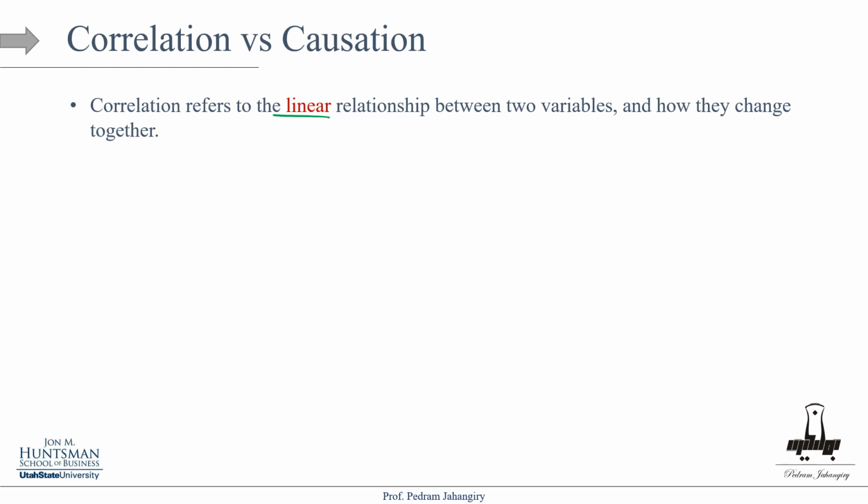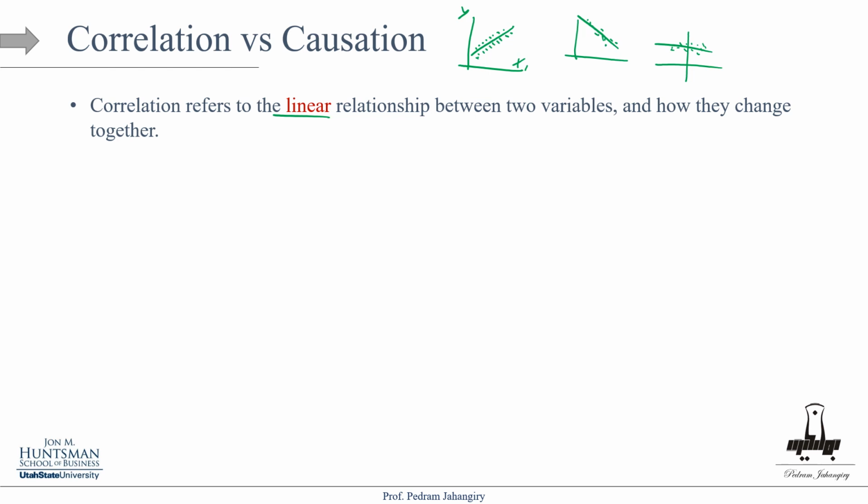For example, if this is x1, y, what is the correlation? Positive. If I have something like this, what is the correlation? Negative. If I have something like this? 0, right? But as you can see, these are all linear relationships.